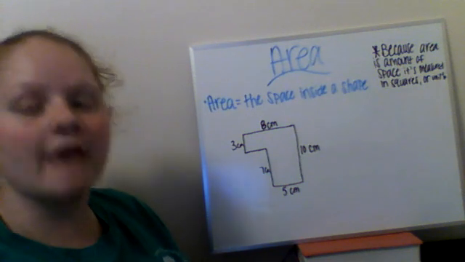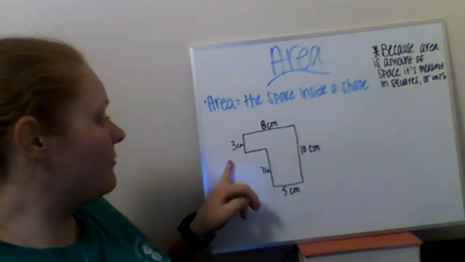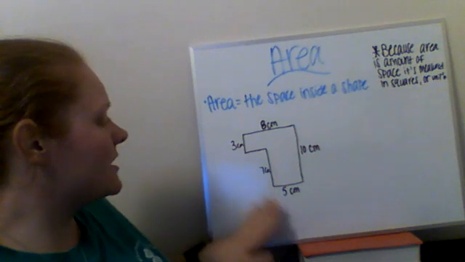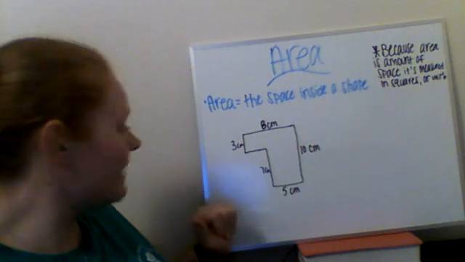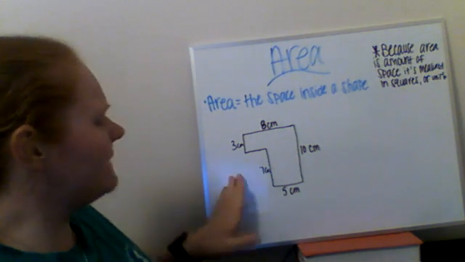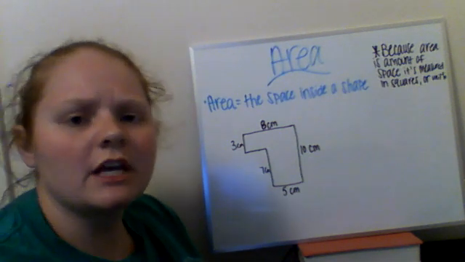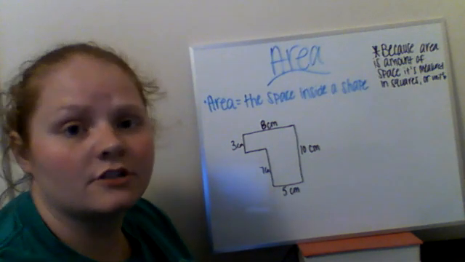And that figure could have multiple polygons inside of it. On my board, I have drawn out a shape, and I've put some measurements all around this shape. If you look closely at this figure, you can see that there are 2 figures on it.